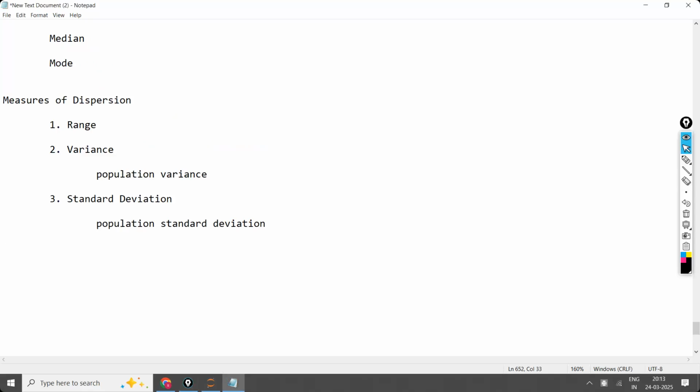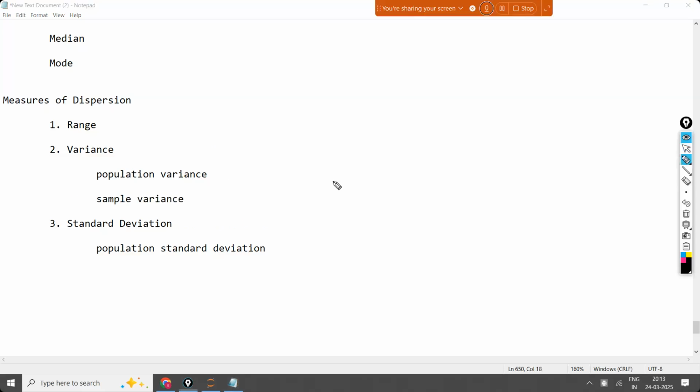So this is measures of dispersion, and similarly you have the population variance and the sample variance. What is meant by sample variance? Same: first x minus x bar, that is the deviation, whole square.